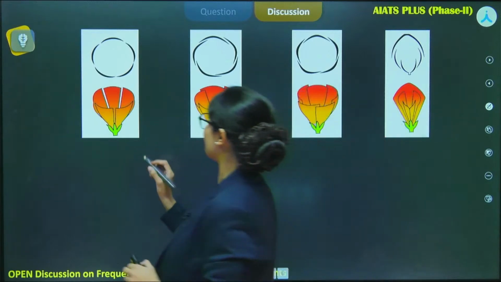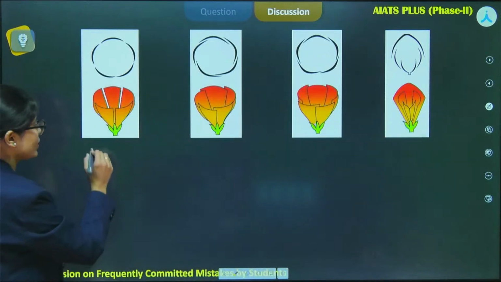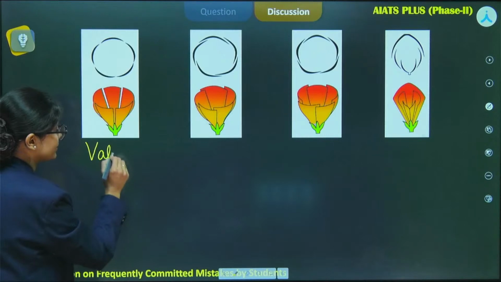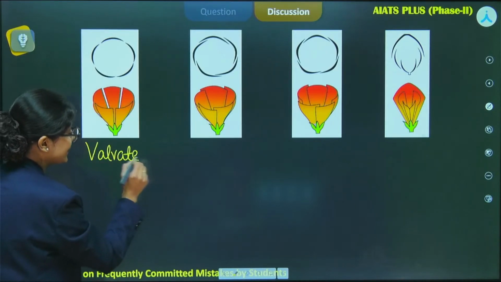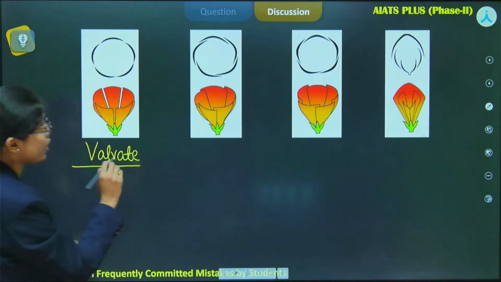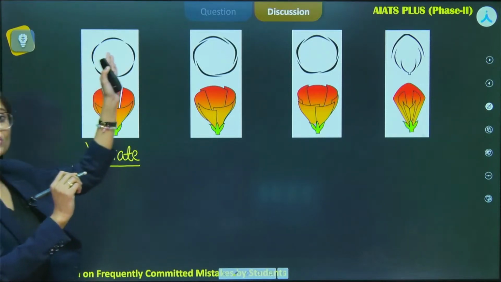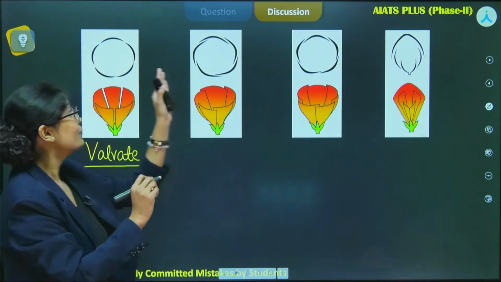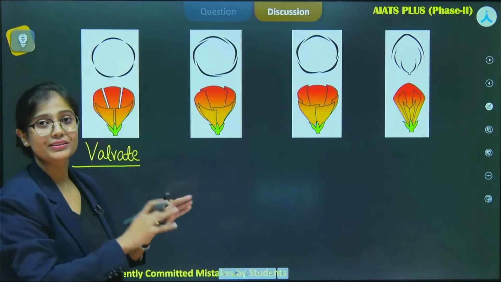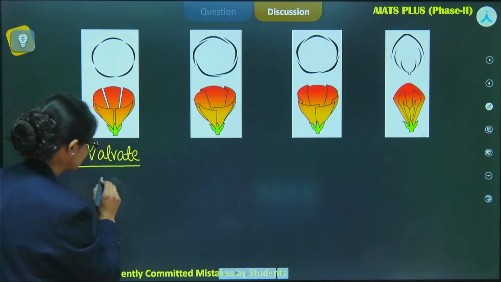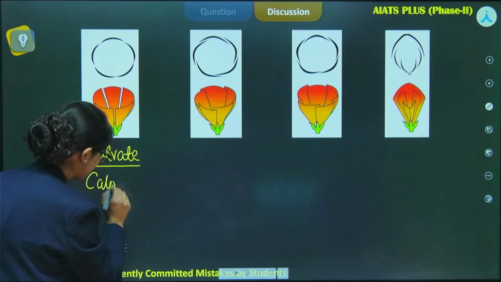Now, the first one is known as valvate aestivation. Here we can see that the sepals or petals are arranged in a very defined manner where they are not touching each other in any way, and it can be observed in Calotropis.